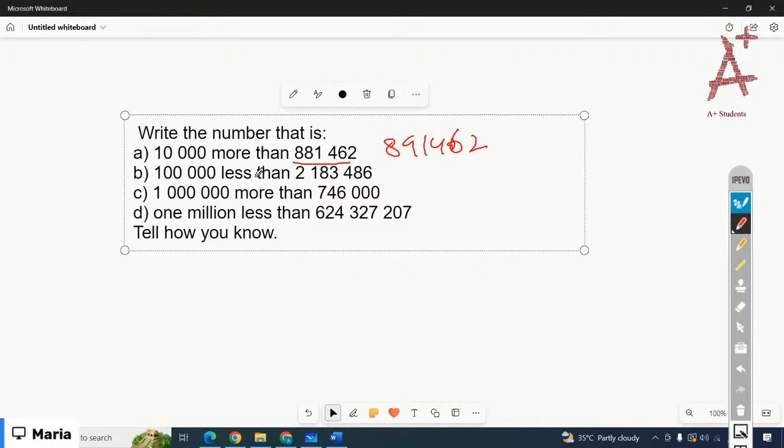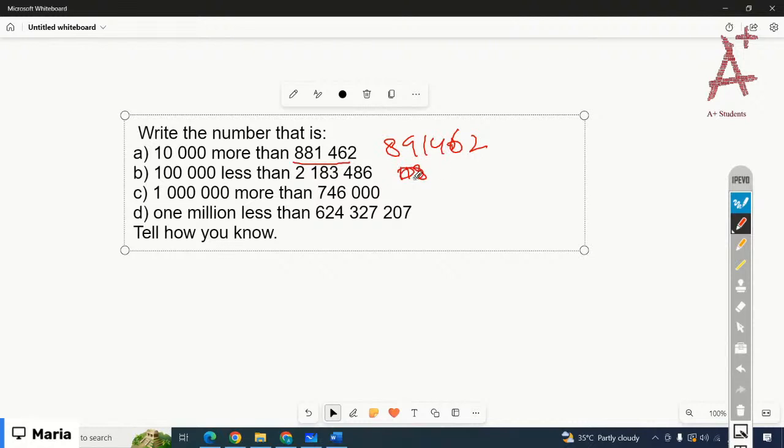Then you have 100,000 less, right? You have to subtract 100,000 from the number.